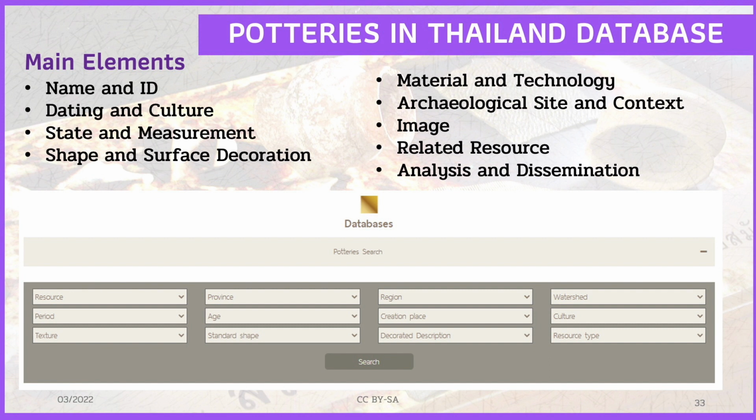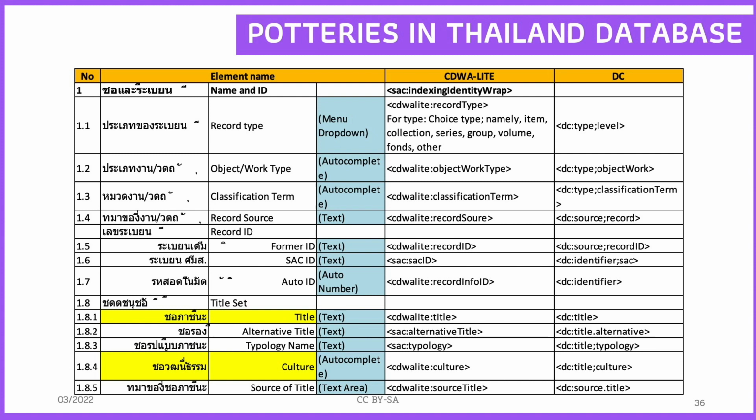attributes. The main subjects for collecting and presenting data on individual potteries are: name and ID, dating and culture, state and measurement, shape and surface decoration, material and technology, archaeological site and context, image, related resources, analysis and dissemination.